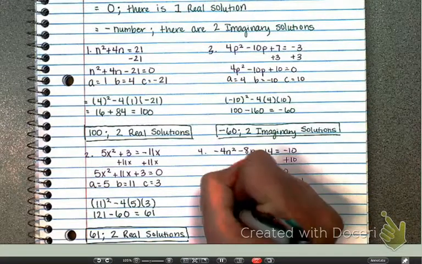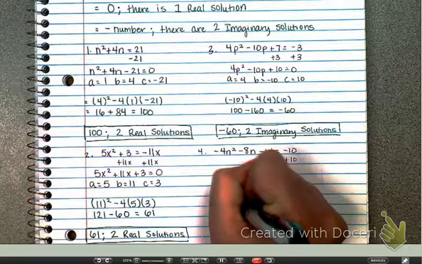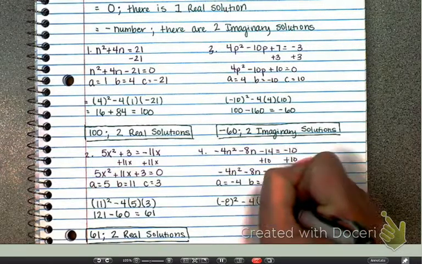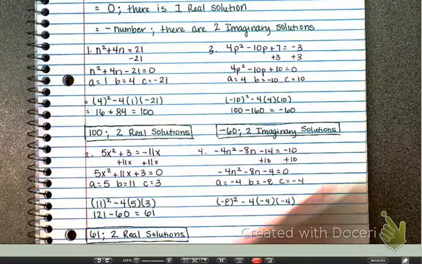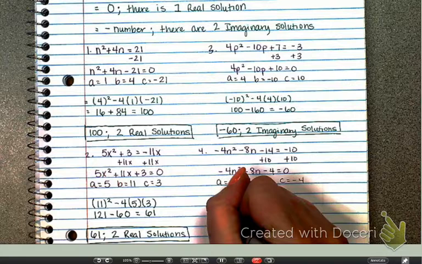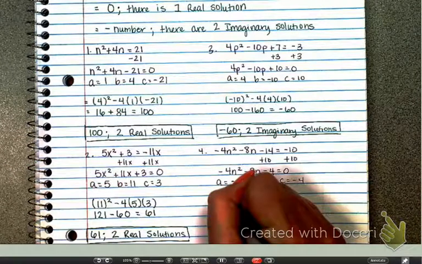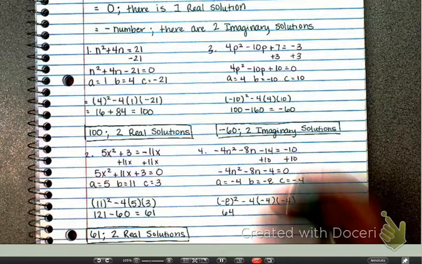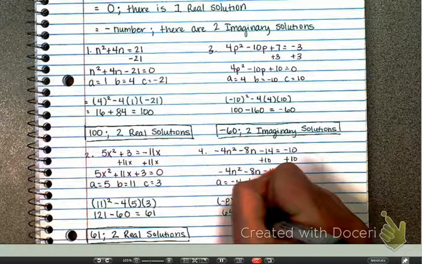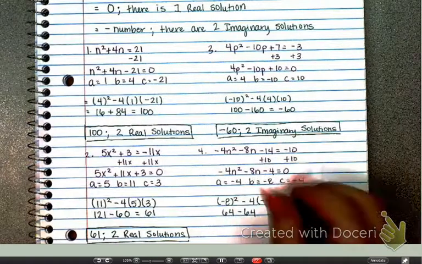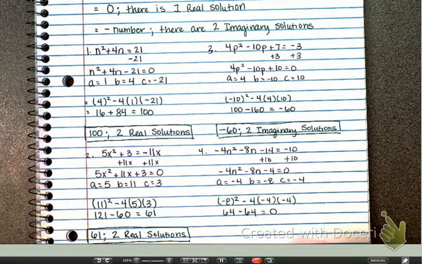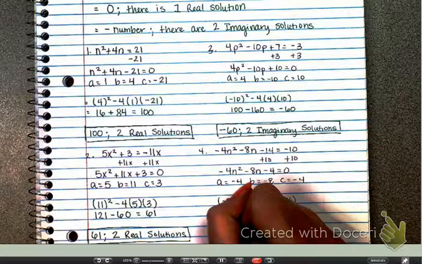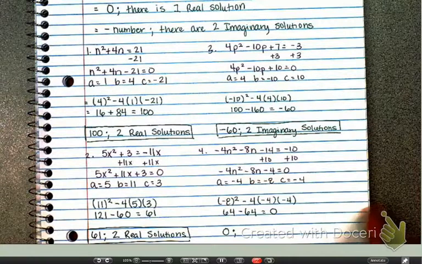Negative 8 squared minus 4 times A times C. Negative 8 squared is 64. Negative 4 times negative 4 is a positive 16. Positive 16 times negative 4 is a negative 64. 64 minus 64 is 0. So if I get a discriminant of 0, what do I have? One real solution.